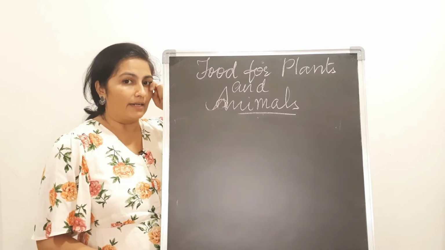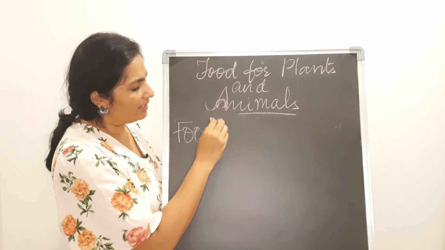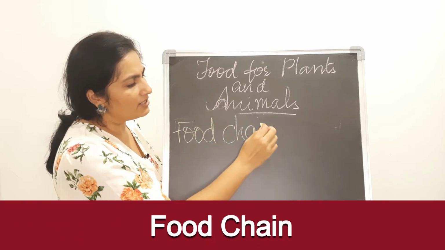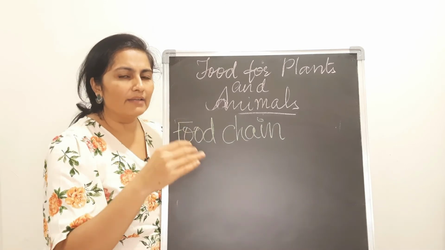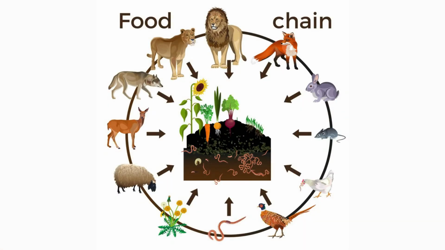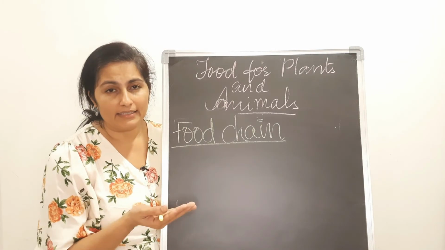All right. Next, let's learn the next term, which is called a food chain. So what is a food chain? We already learned that every living being in nature is interdependent on each other and on nature. In a food chain, it's very important that we have energy, and energy cannot be created or destroyed.